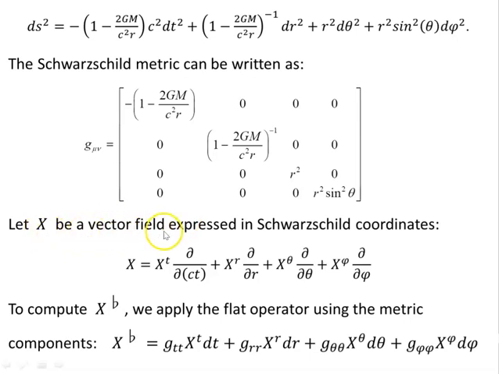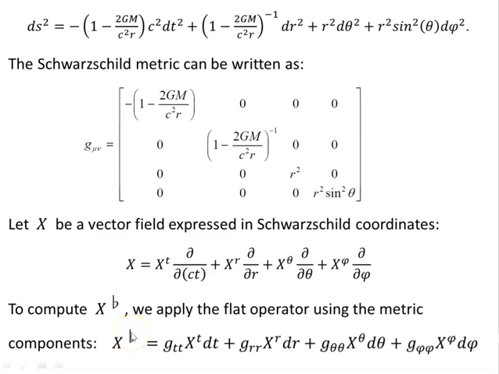Okay, so let x be a vector field expressed in Schwarzschild coordinates. So x is this, each of the coordinates with a basis vector in each of the coordinate directions: the ct direction, the r direction, the theta and phi directions. Then to compute x flat, we apply the flat operator using the metric components.